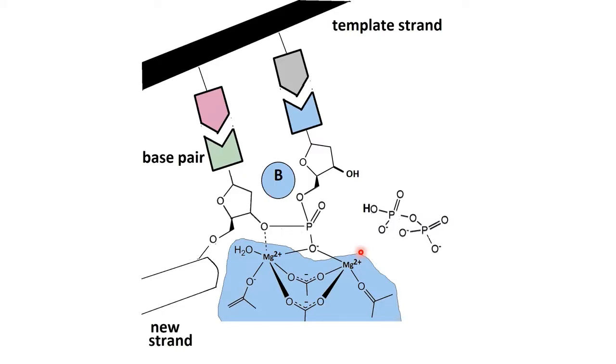But the question is, what does this have to do with specificity? Because the question we're asking is, how do we manage to make sure that we get faithful incorporation of the right base at this position? And the answer to that has to do with the fact that for this mechanism to work, everything has to be exactly in the right place.